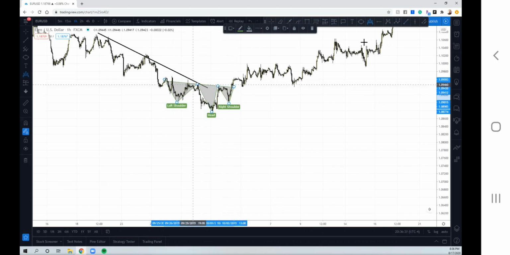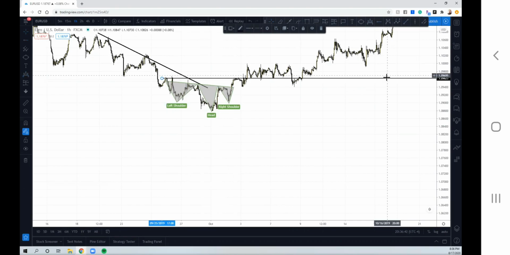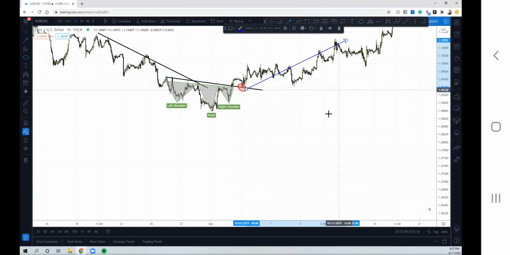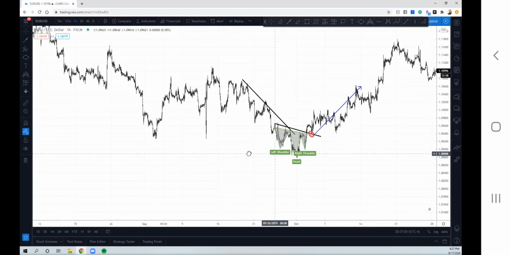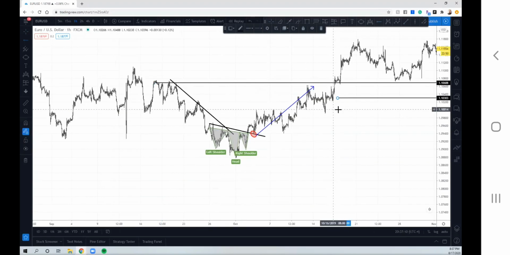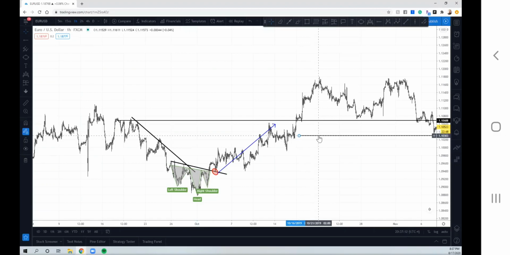We have the break of the neckline, which was this right here. You have the break, then the retest of the break of the neckline to continue to the upside, like so. And we would have taken this trade all the way up to probably up here, which would have been a good trade.